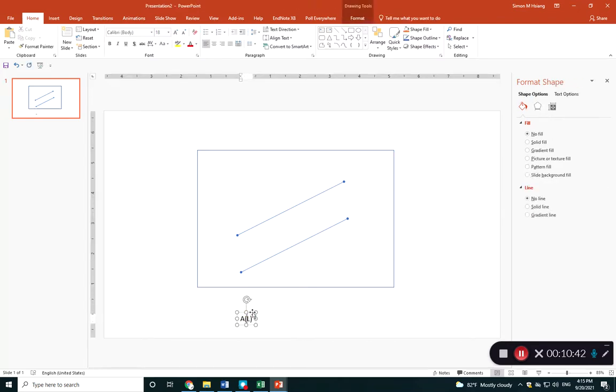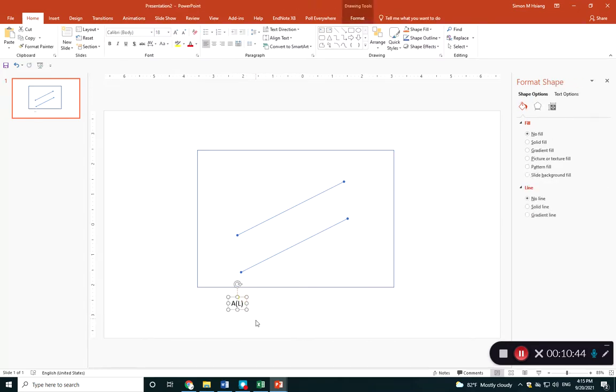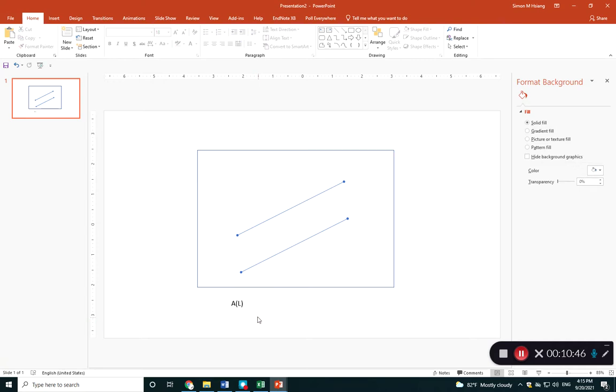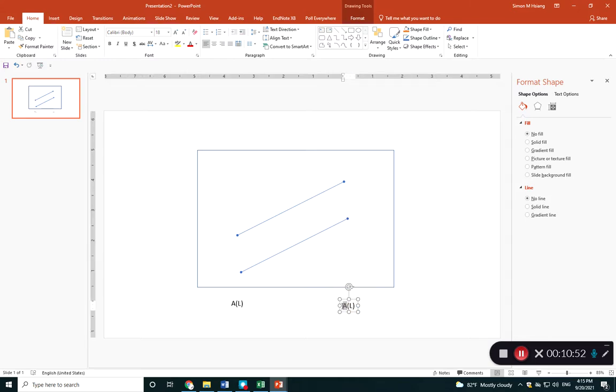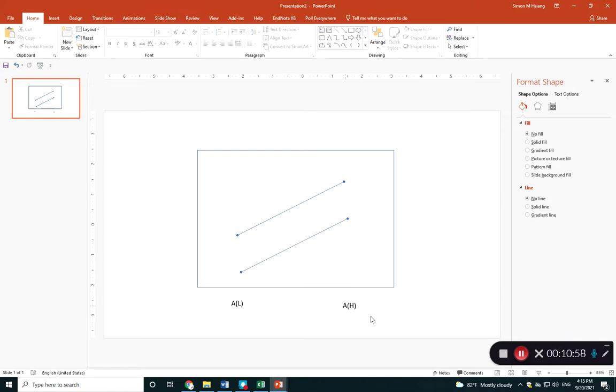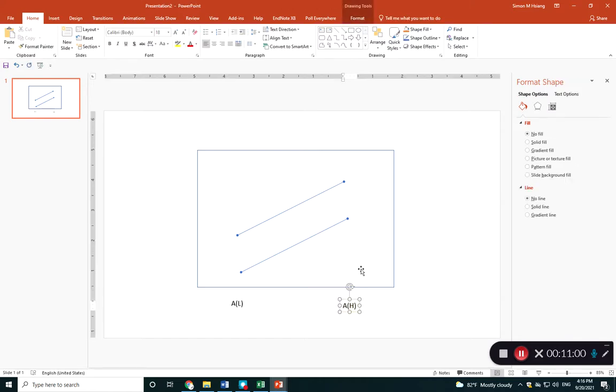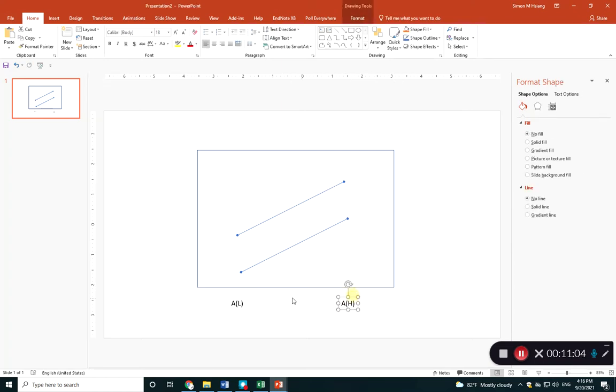This is A low. And then this is A high. And so this is about, say, some effects I'm interested in.